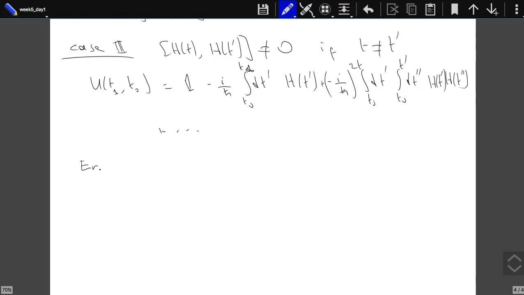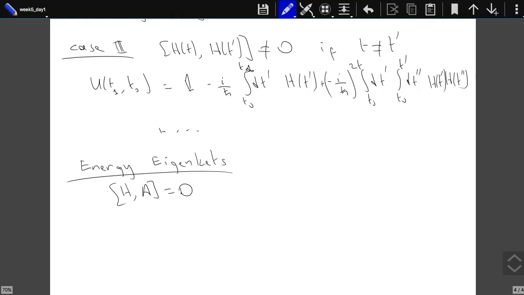Now let's get the energy eigenkets. Now, we don't know the Hamiltonian, so we basically don't know the energy eigenkets. But suppose we have some operator, A, that commutes with the Hamiltonian.